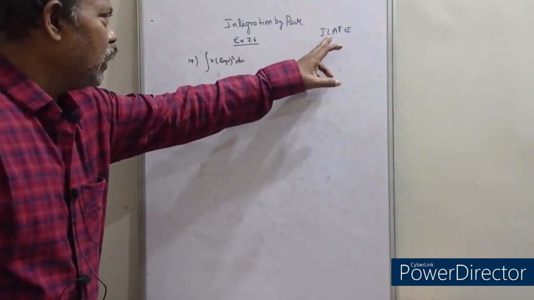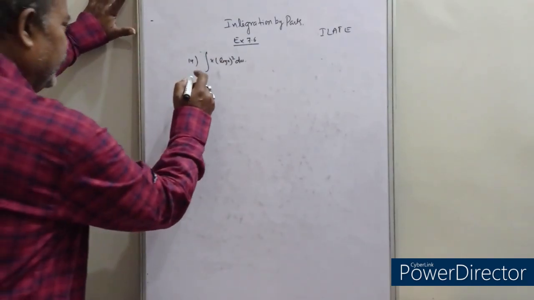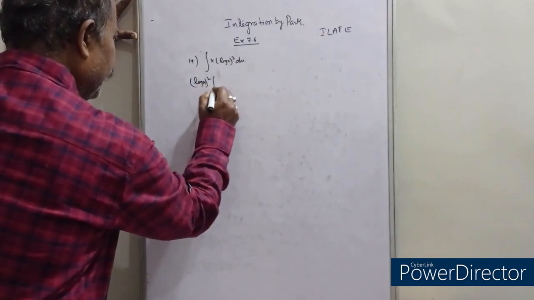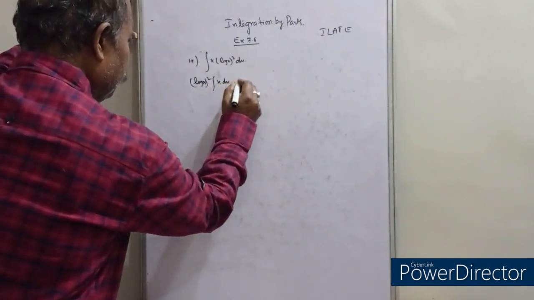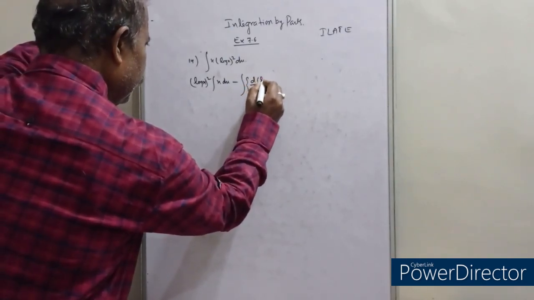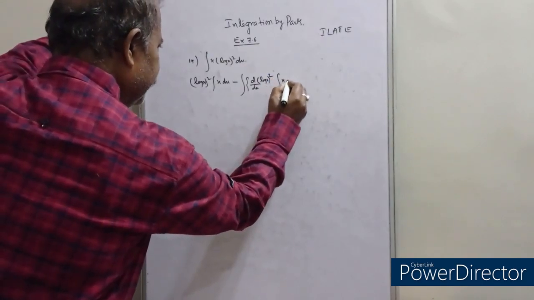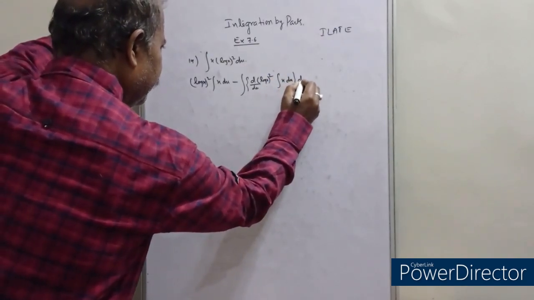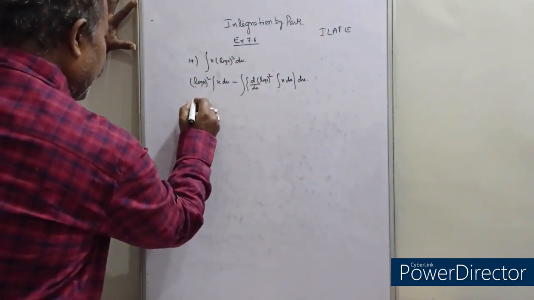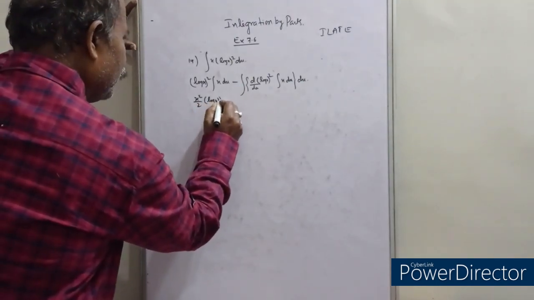Since log comes before algebra, log will be treated as the first function. So let us move forward: log x the whole square integration of x dx minus integration of differentiation of first function, that is log x the whole square, integration of x dx, and then dx. So here this will be x square by 2 log x the whole square.